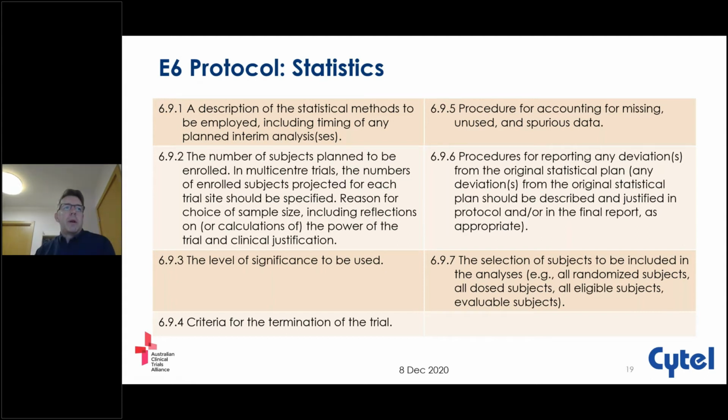If you are looking at a Bayesian protocol, you have to look at the equivalent of these things. And in particular, it highlights criteria for termination of the trial, procedures for accounting for missing, unused, and spurious data, procedures for any deviations, and the selection of subjects to be included in the analyses. So it can get quite specific around those.